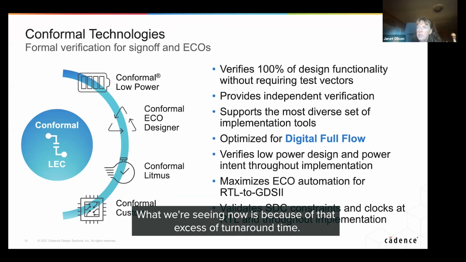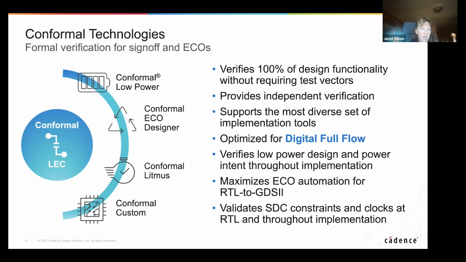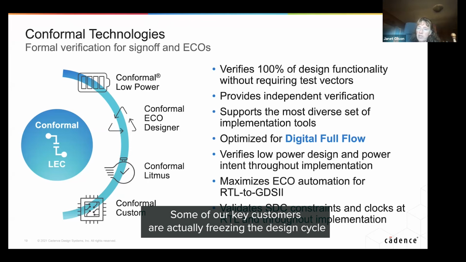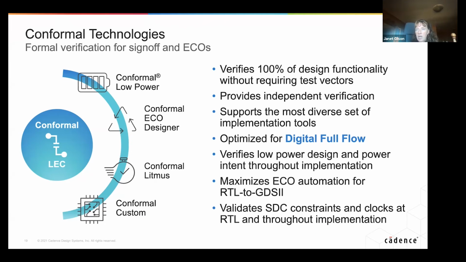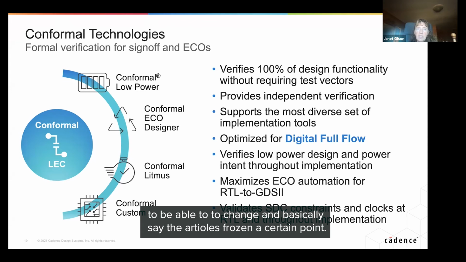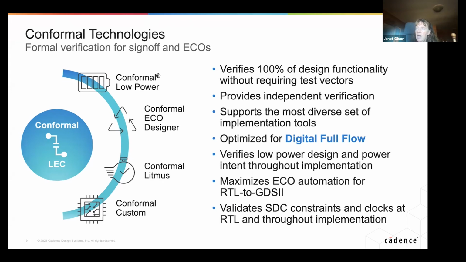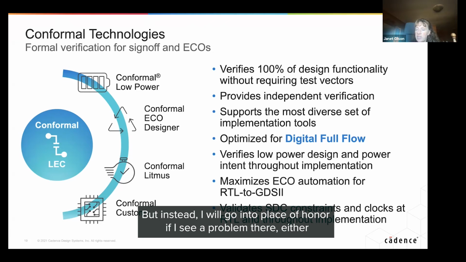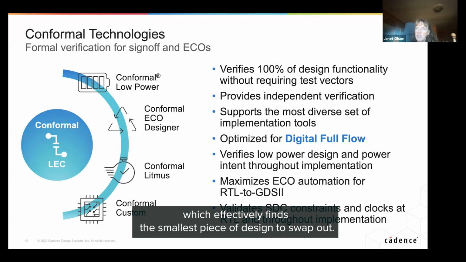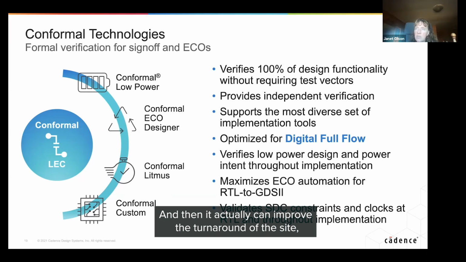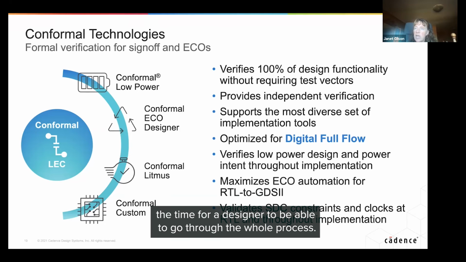What we're seeing now is that because of the excessive turnaround time, some of our key customers are freezing the design cycle early, and say the RTL is frozen at a certain point, but instead I will go into place and route. If I see a problem there, either for performance or functionality, they can just use ECO, which effectively finds the smallest piece of the design to swap out, and that improves the time for a designer to go through the whole process.